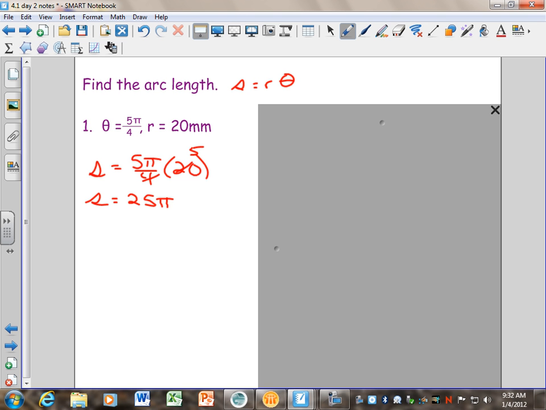If we're talking about length here, what do you think the units I would put on this? Millimeters. And how much is 25 pi millimeters? I'd probably multiply that on my calculator. 25 times 3.14. That's a decent size arc length there. That's it. Let's find the arc length.